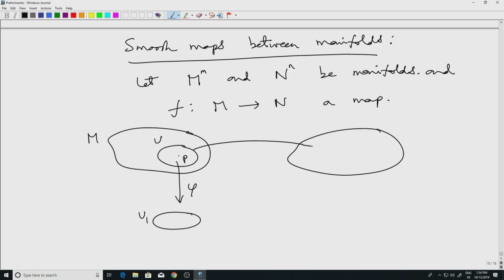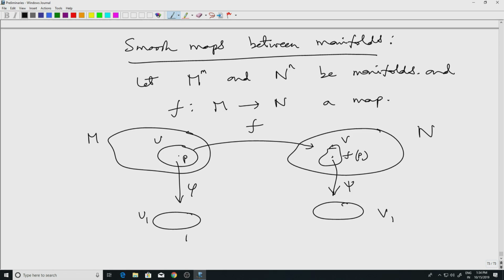Similarly, f of p is a point in the target manifold N. It is contained in a chart as well, V and then a map C. So this is V1.